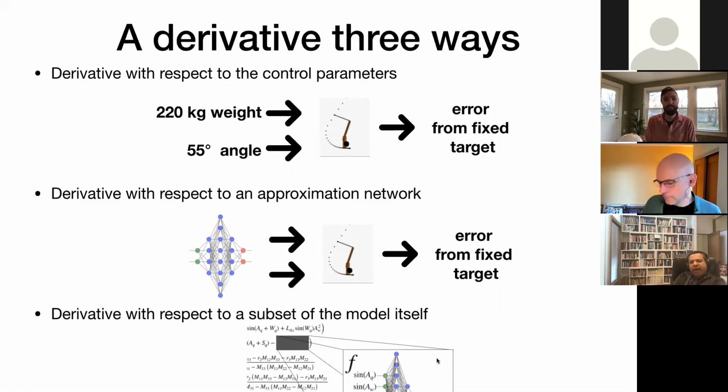So that is the deep dive into how we do this and how you can think about these sorts of problems, how you can think about taking derivatives. And the power of differentiable programming is that we can mix and match these techniques in order to introspect or solve some inverse problem or combinations of both.